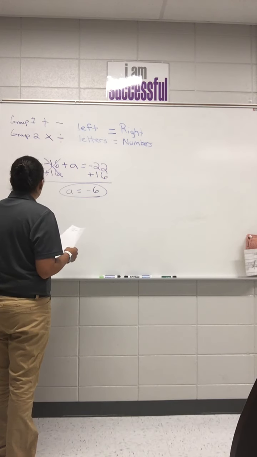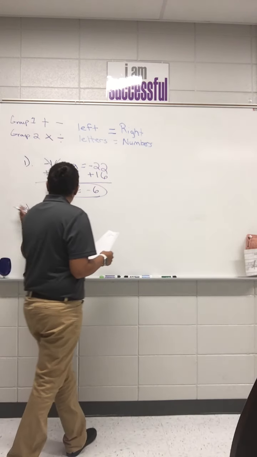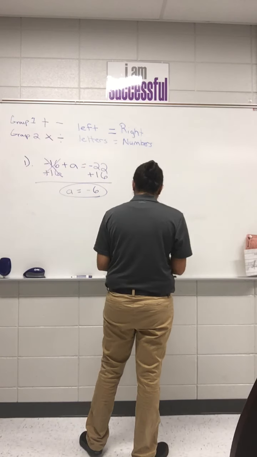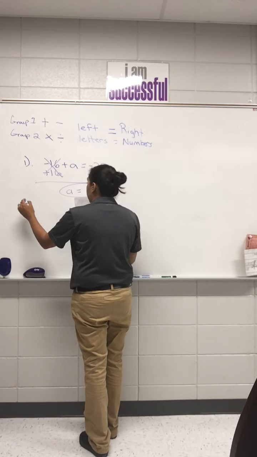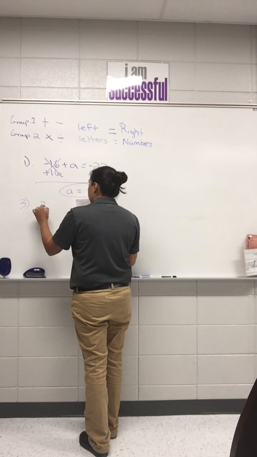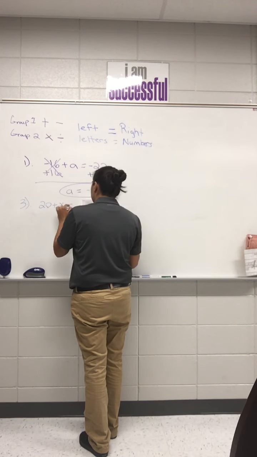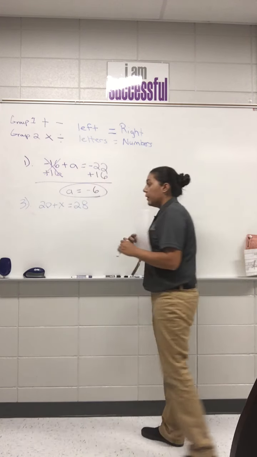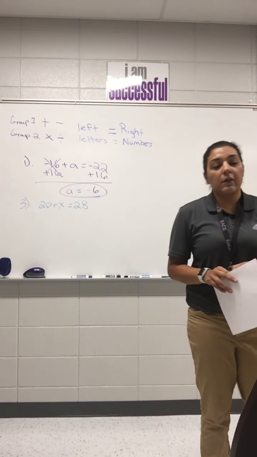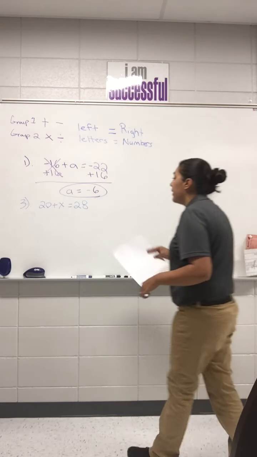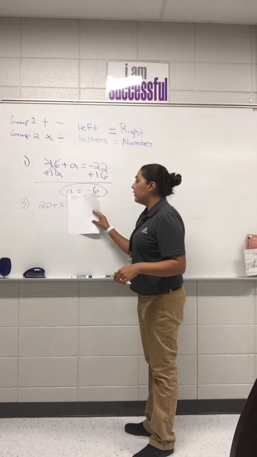Let's look at number 3. Number 3 says 20 plus x equals 28. Letters go on the left. So is there anything on the left side that's a number and not a letter?